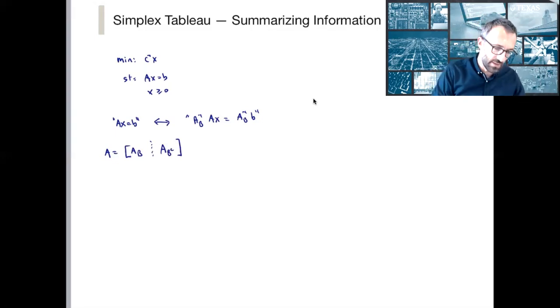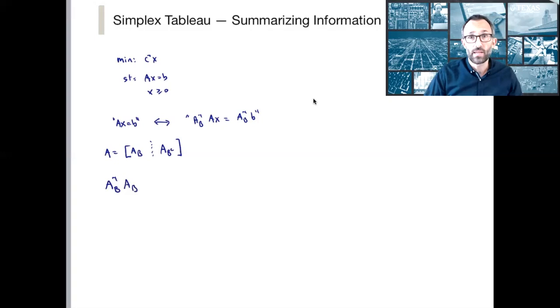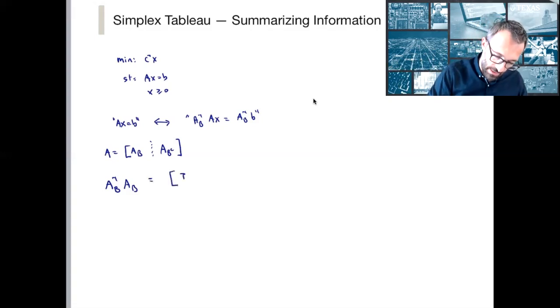So in this case, AB inverse times AB is nice now because I've got an identity, an m by m identity matrix sitting right here. So this is equal to identity and AB inverse times AB complement.